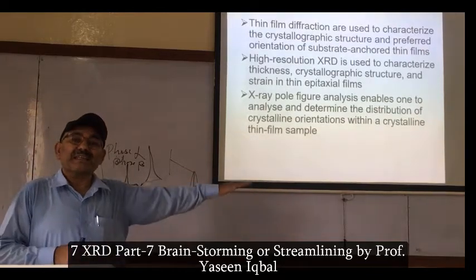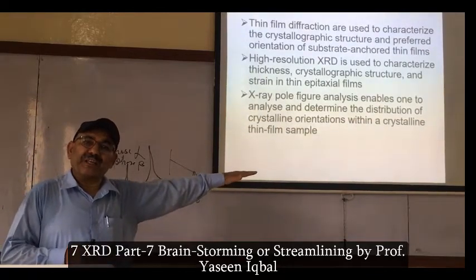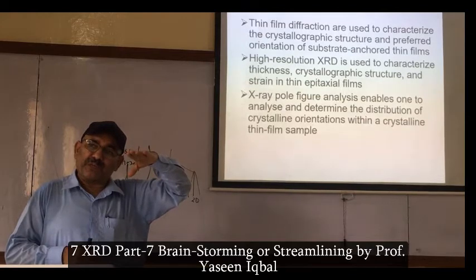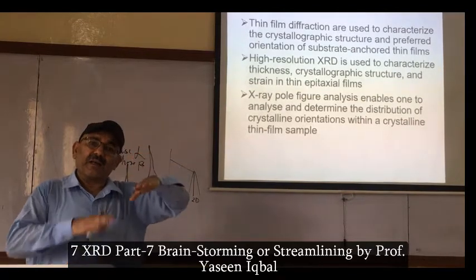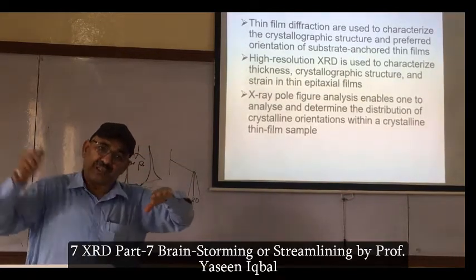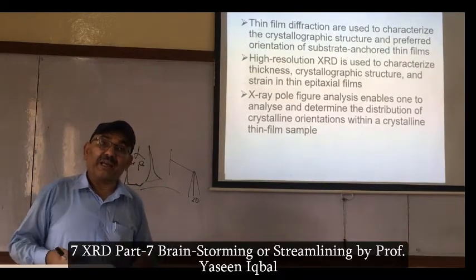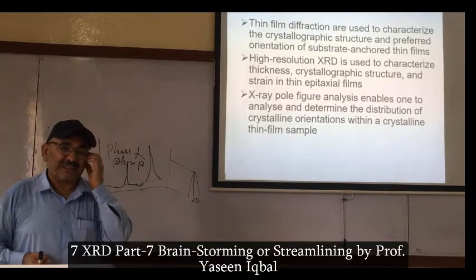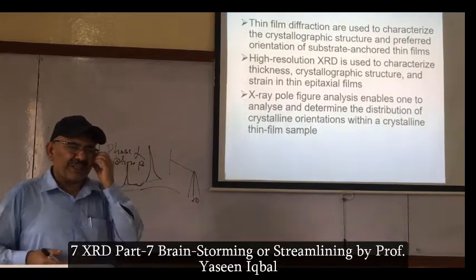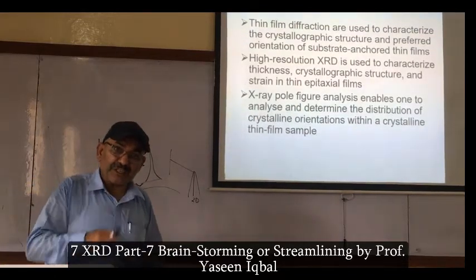And people can easily know from XRD if those preferred orientations are available, and the X-ray will tell you along which direction it is preferred. And then along a specific direction, uniform properties and directional properties.